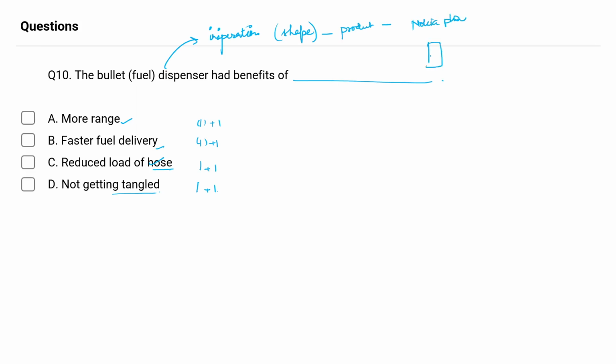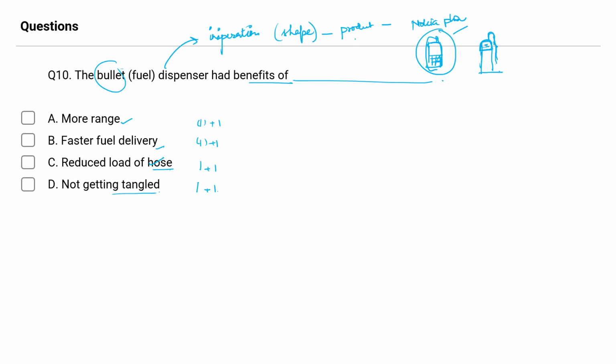So it had a small antenna there, that phone. So that was the inspiration of the bullet fuel pump. And what were the benefits of it? It had a trapezium kind of shape. It was coming from top.